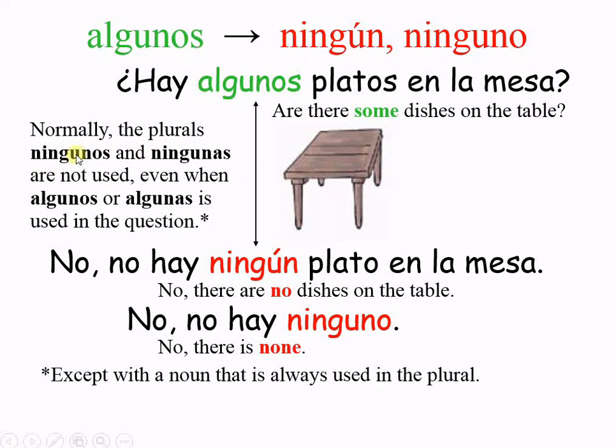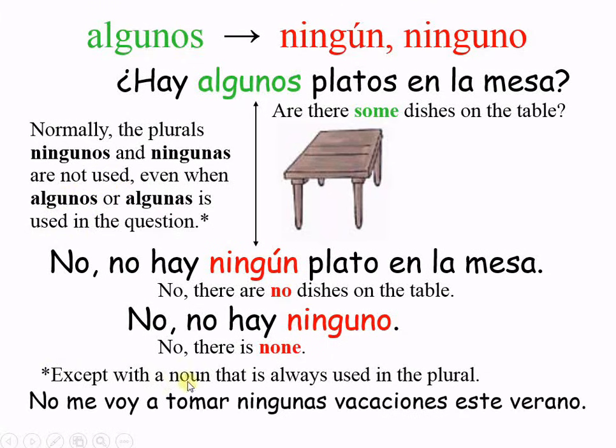Normally, the plurals ningunos and ningunas are not used, even when algunos or algunas is used in the question, except with a noun that is always used in the plural. For example, no me voy a tomar ningunas vacaciones este año. So I say ningunas here because vacaciones is a noun that is always used in the plural form.